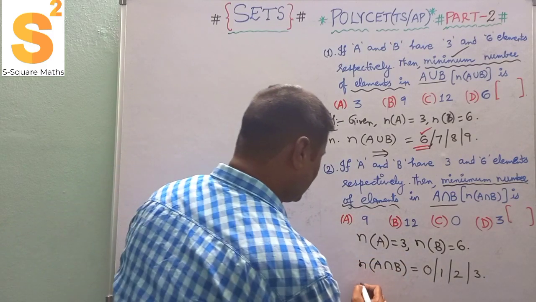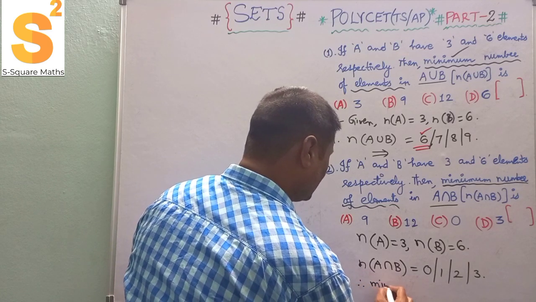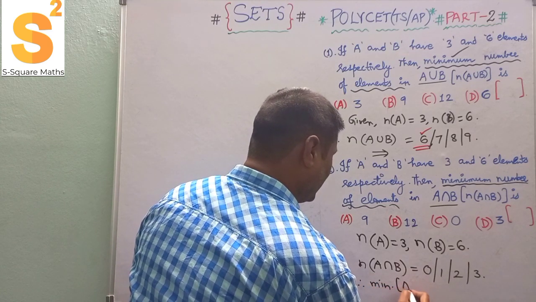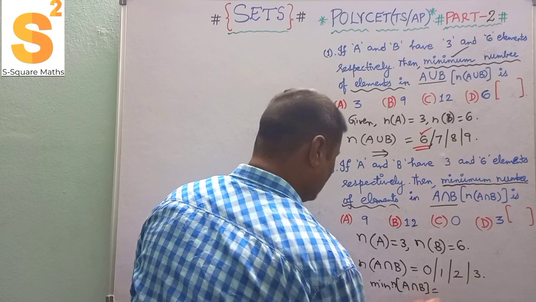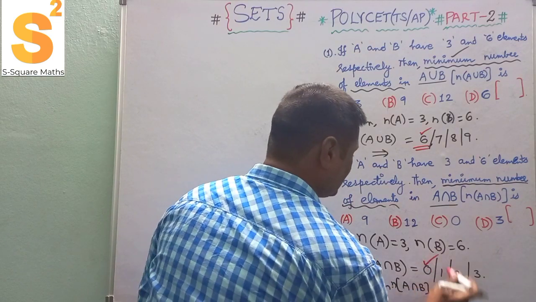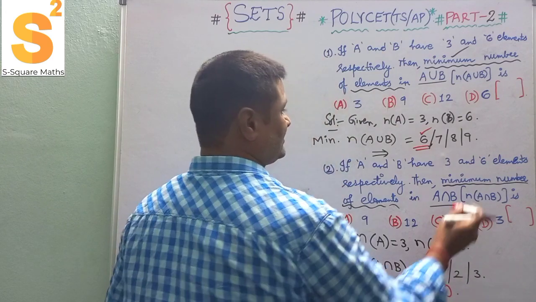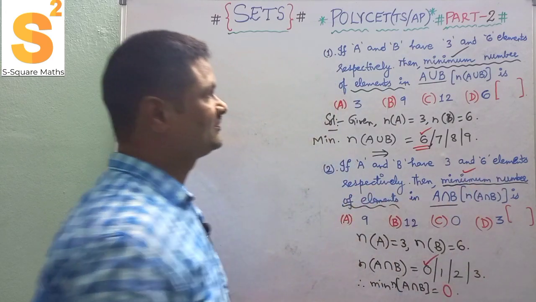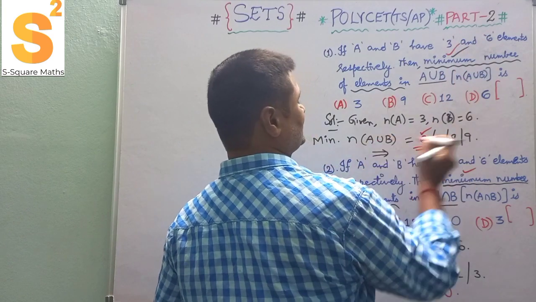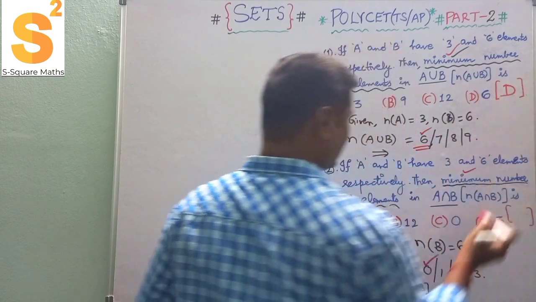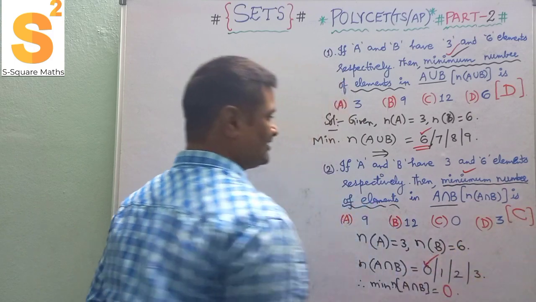So I can say that the minimum of n of A intersection B, out of these, is 0. Since they said minimum, it is 0. For the previous one, since it is also minimum, it is 6. So 6 stands for the D option and here it is the C option.